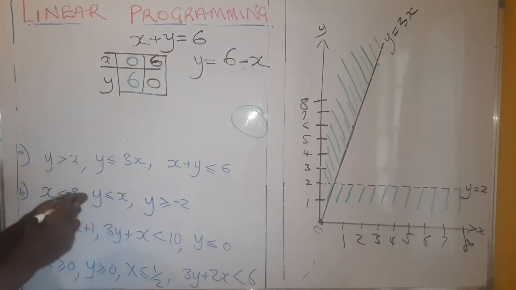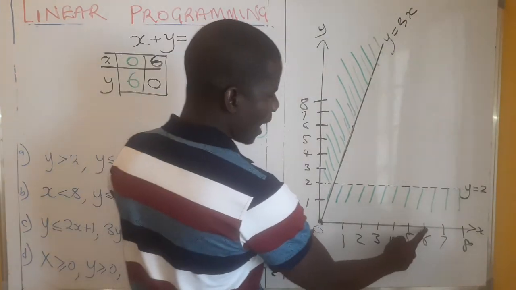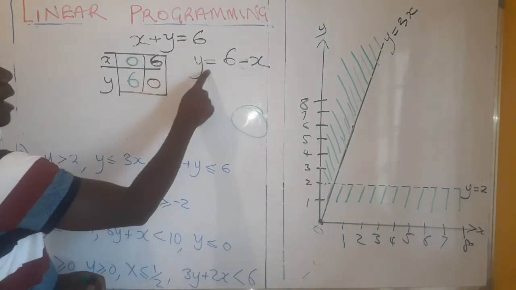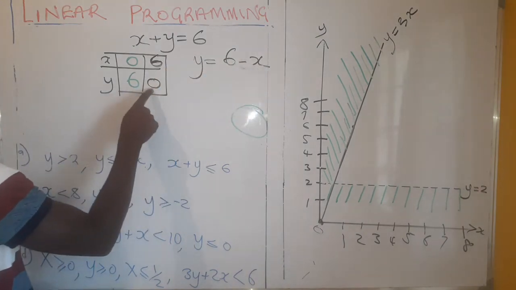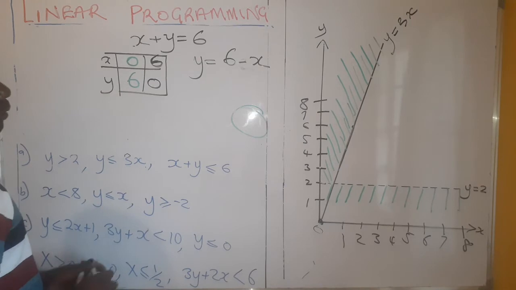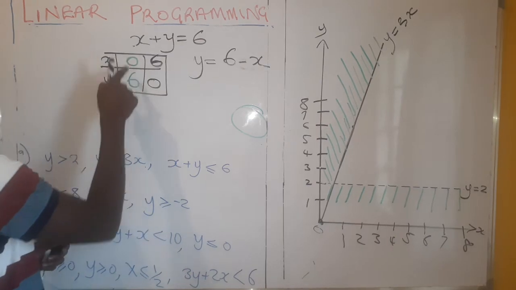Now what this means also is that, okay, from 0, let's use y. What is y when x is equals to 6? You put 6 here. You will still get 0. Okay? So now, the coordinates that we have here, the first one is 0, 6.